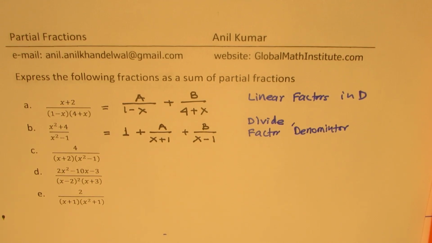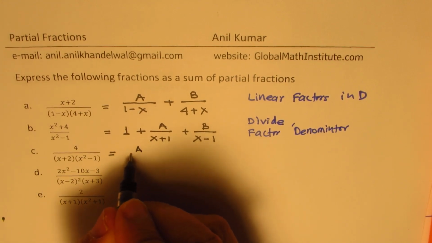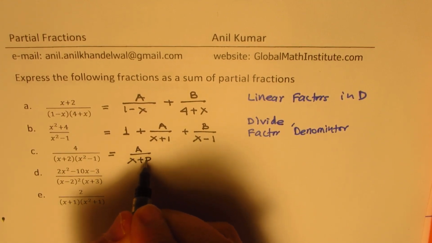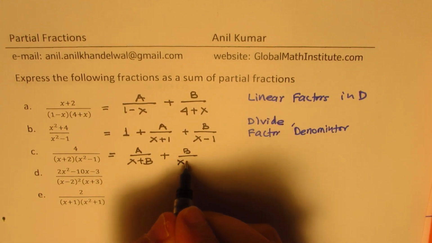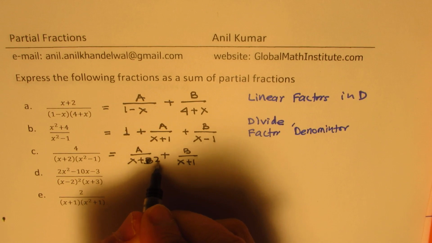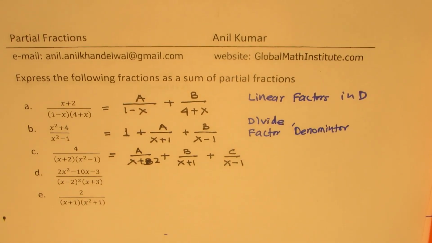The next example here is 4 over x plus 2 times x squared minus 1. As you see, x squared minus 1 could be written as x plus 1 times x minus 1. And therefore, I could write this as a over x plus 2 plus b over x plus 1, sorry, just x plus 2, plus c over x minus 1.